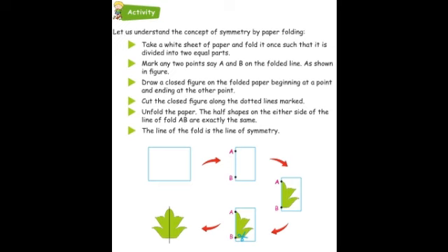Then afterwards, if you open that paper, like the leaf which is given here, you will get the exact image on the other side also. So my dear students, today's class is completed.